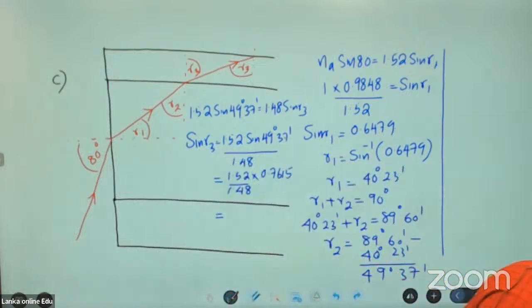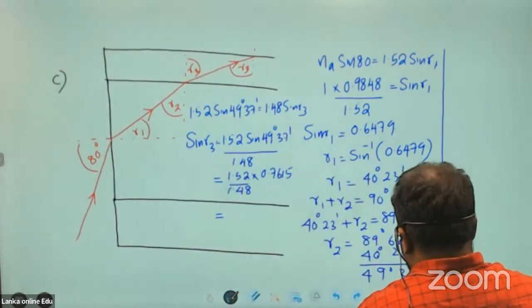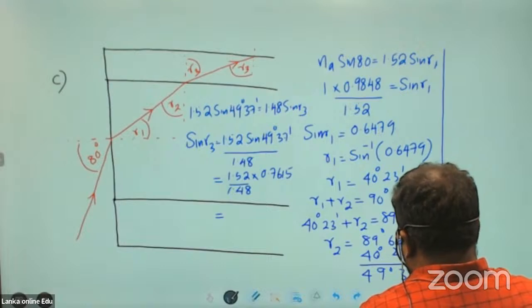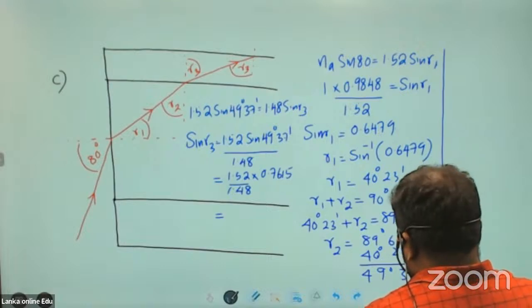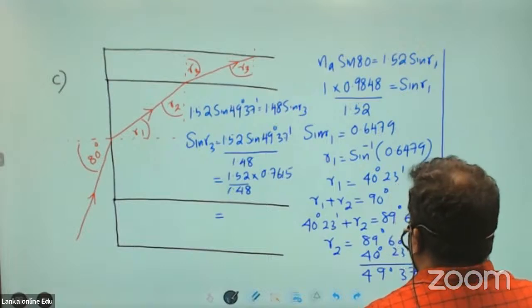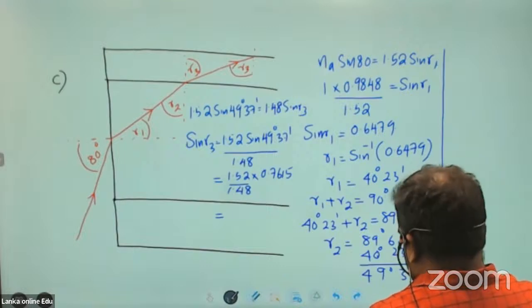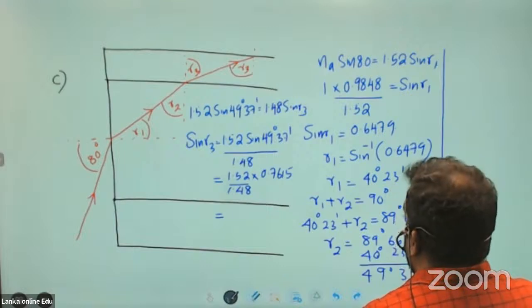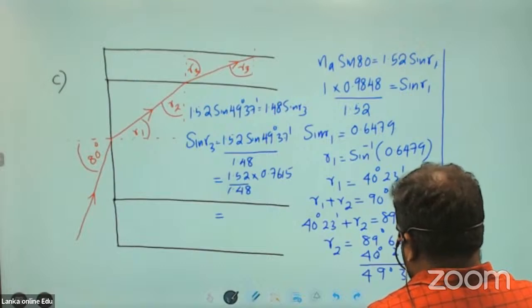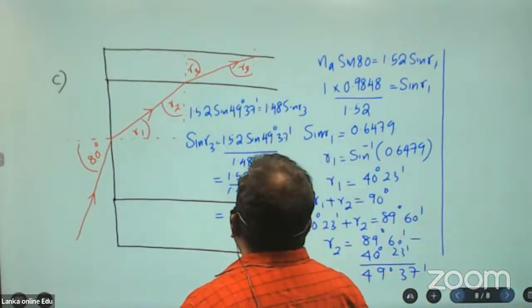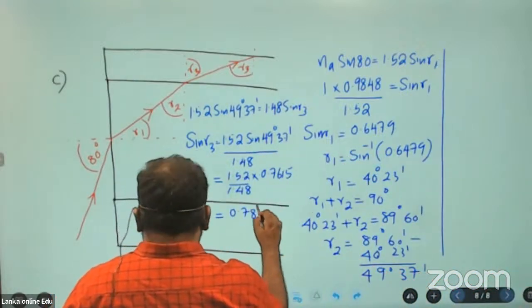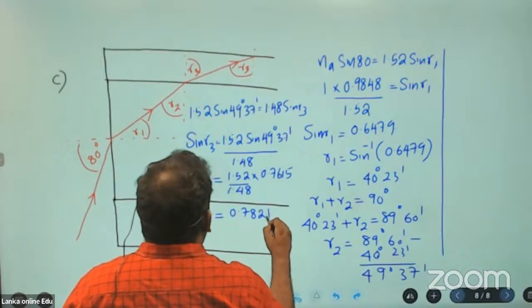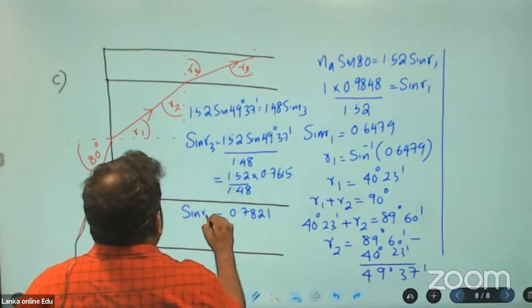Multiply 1.52 by 0.7615 divided by 1.48. From this you'll get 0.7821, which is sine R3.